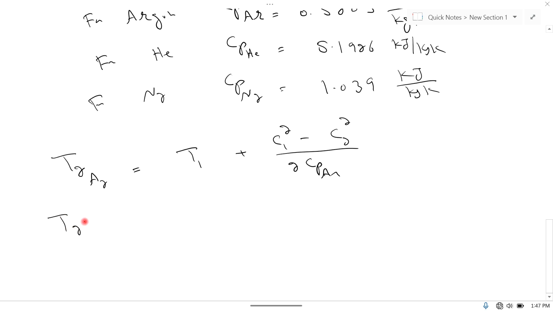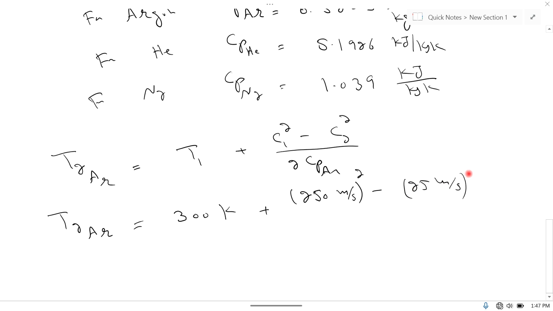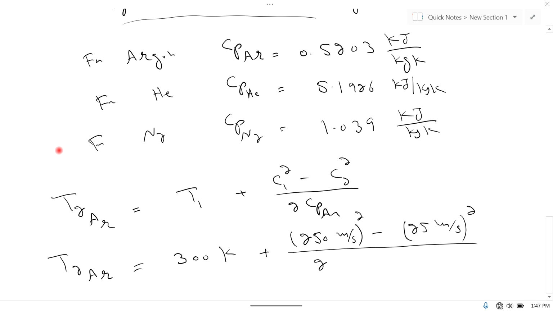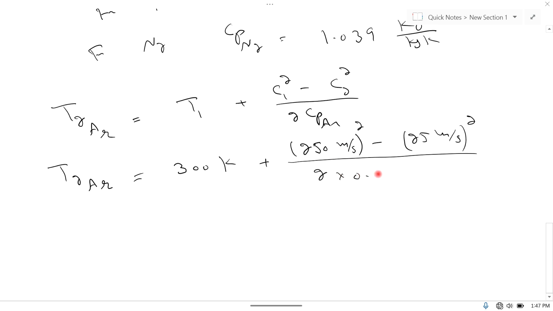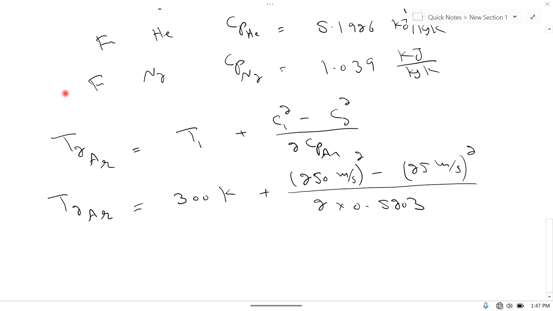So T2 of argon is equal to T1, given as 300 Kelvin, plus C1 is 250 meter per second whole square, minus C2 is 25 meter per second whole square, divided by 2 times Cp for argon, 0.5203 kilojoule per kilogram per Kelvin.